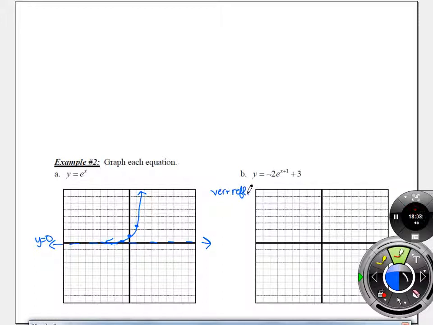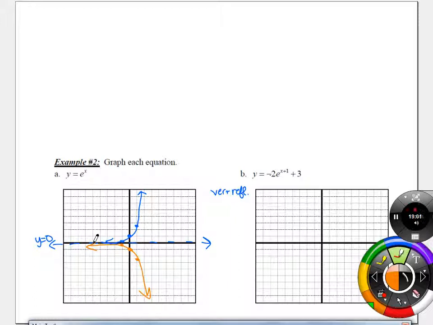So I'll do some of these as we go on my parent function graph. The vertical reflection is just going to cause this. What else is there going to be? Good.